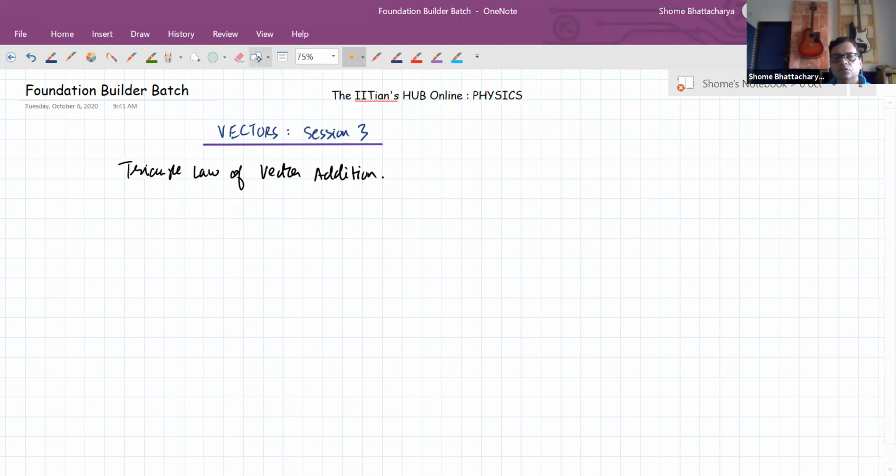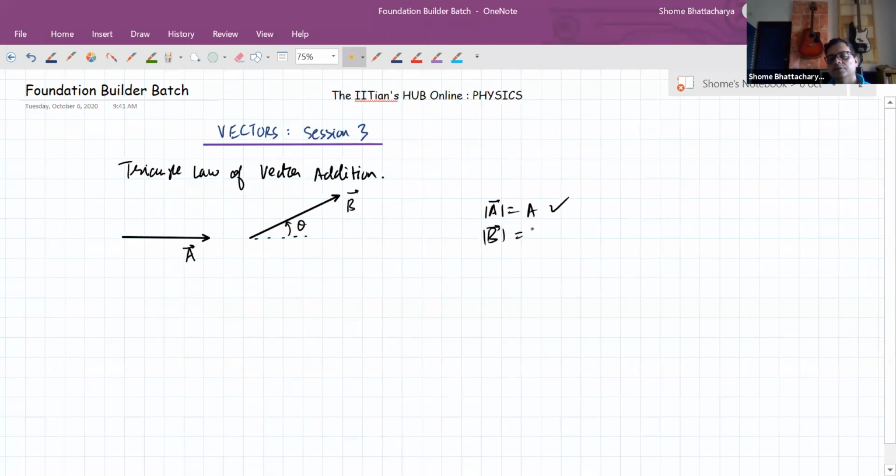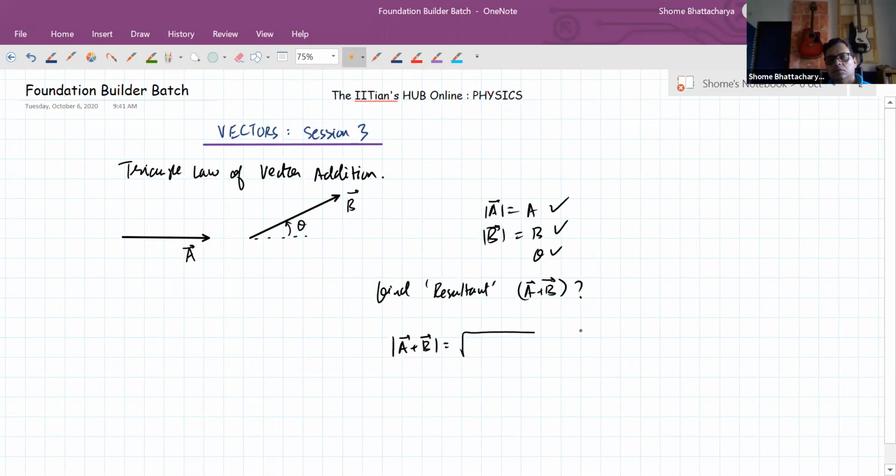In the triangle law of vector addition, we saw that given two vectors A and B such that their magnitudes are known to us and the angle between them is also known, so if this angle is theta, mod A is known, mod B or magnitude of B is known, and the angle theta is known, then we can find the resultant A plus B by using the formula that the magnitude of A plus B is the square root of A square plus B square plus 2AB cos theta.